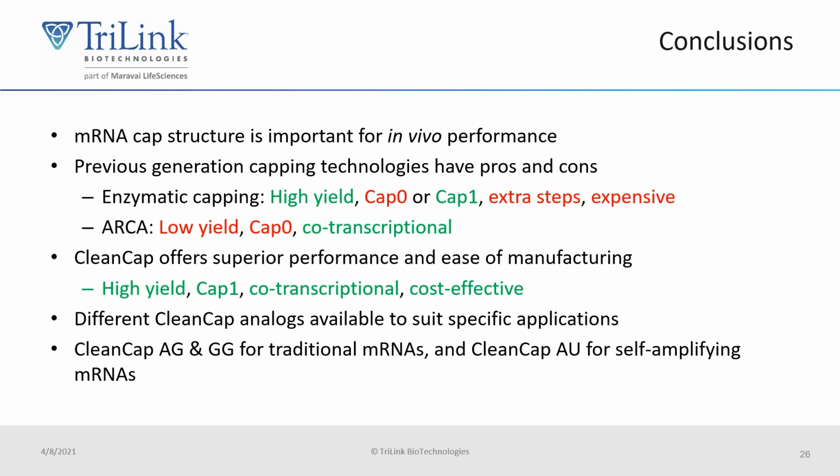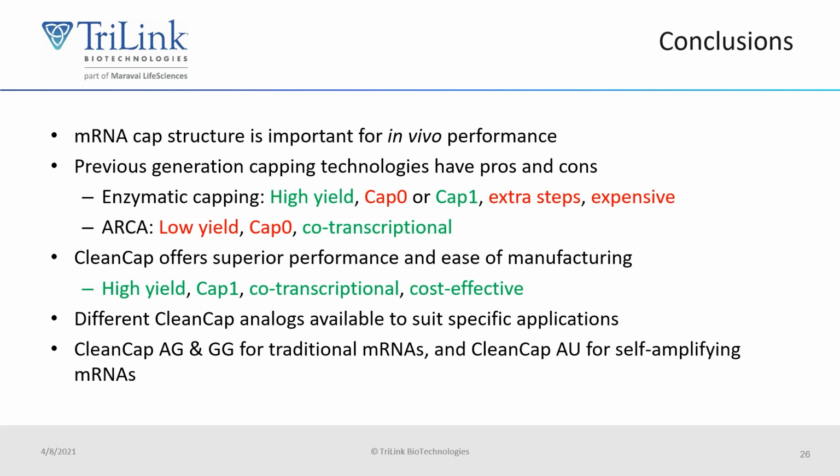Comparing it to prior generation co-transcriptional cap analogs such as ARCA, that is a low yielding strategy. It only produces a Cap0 structure, but it is co-transcriptional and therefore eliminates the extra processing steps required.